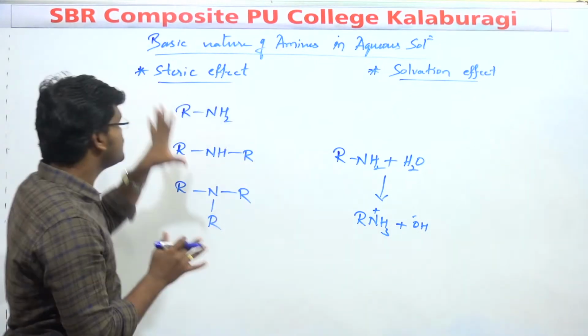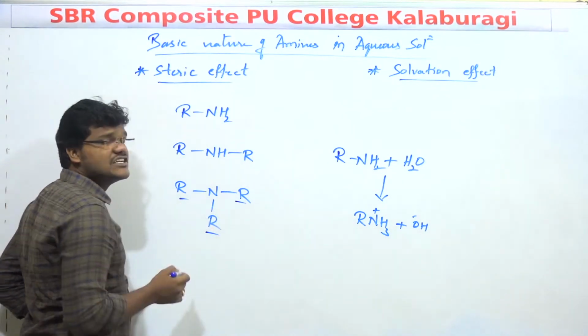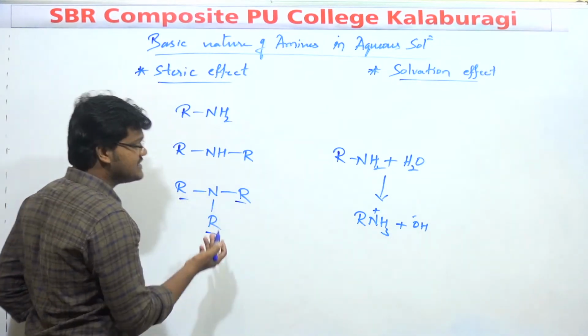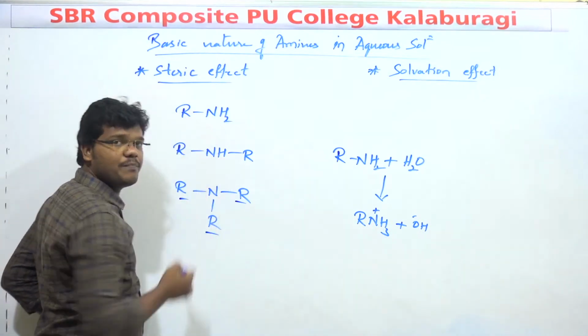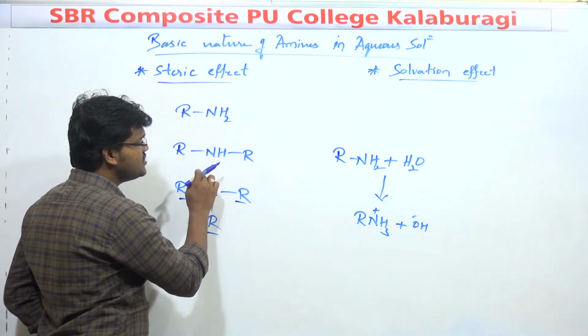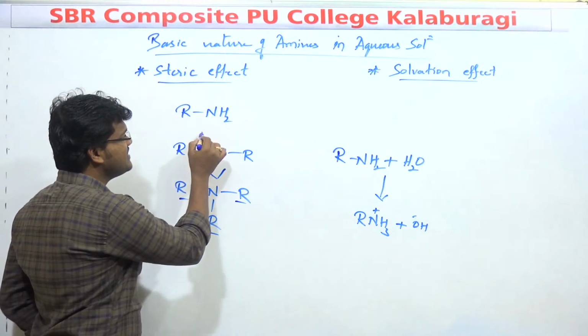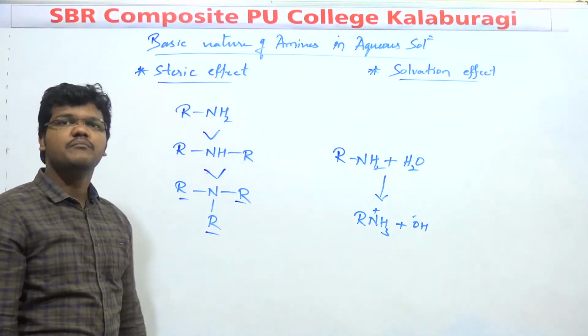So according to the steric factor, there is more steric hindrance in tertiary compared to secondary, followed by primary. So according to steric effect, tertiary is least basic. Tertiary is less basic than secondary, and secondary is less basic than primary.